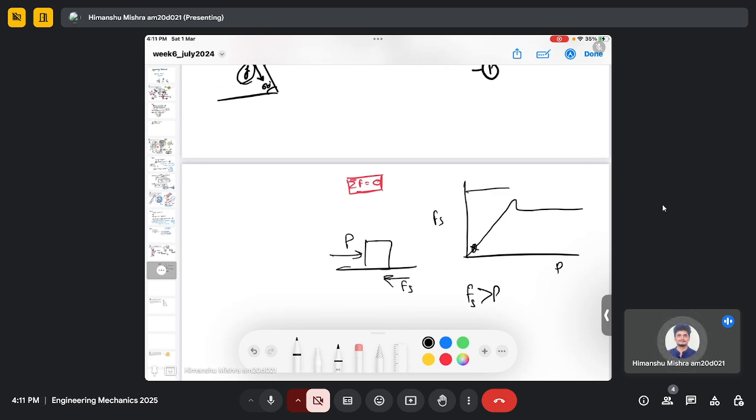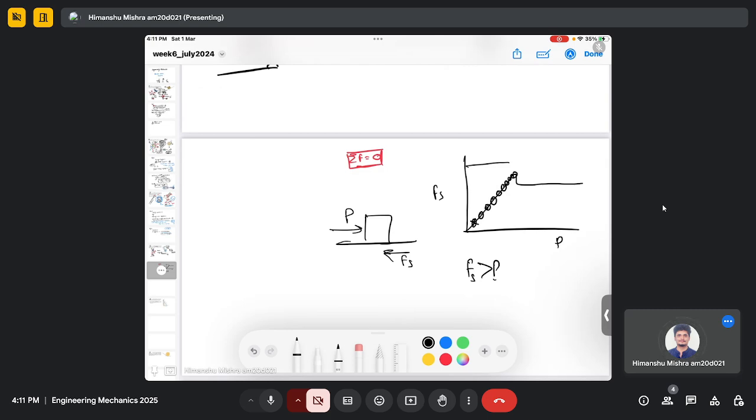But when you start increasing the external force, you are climbing this plot. There is a condition here when your friction force equals the external force, and this is called the impending motion limit. In this case, the body is yet to move. Now the body will prepare itself to move in the direction of the external force.